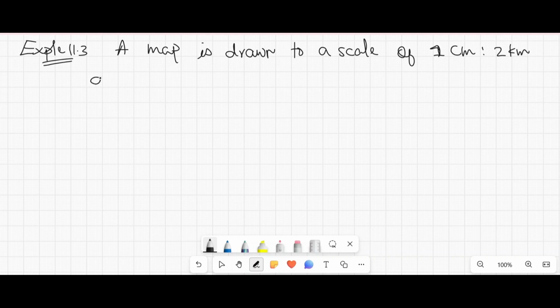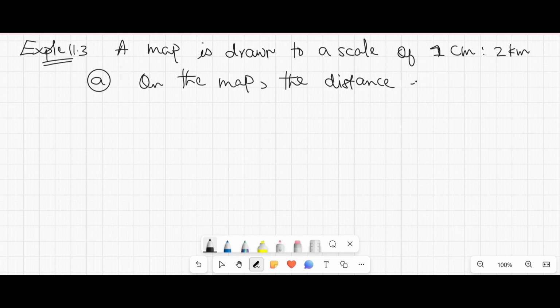So on the map, 1 centimeter is just 1 centimeter, but in real life that 1 centimeter represents 2 kilometers.